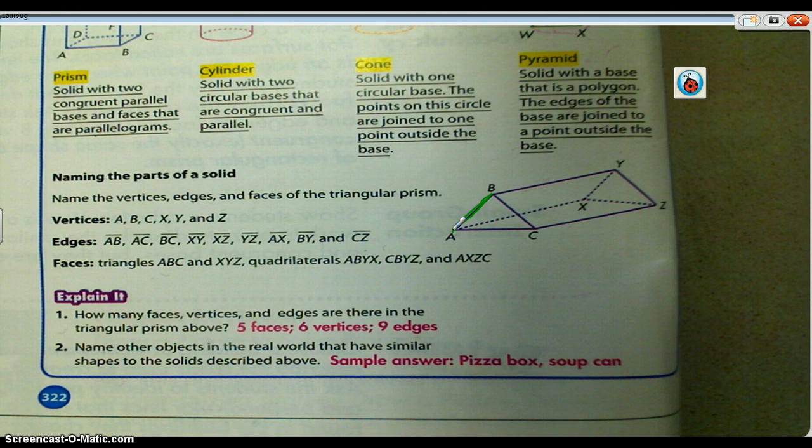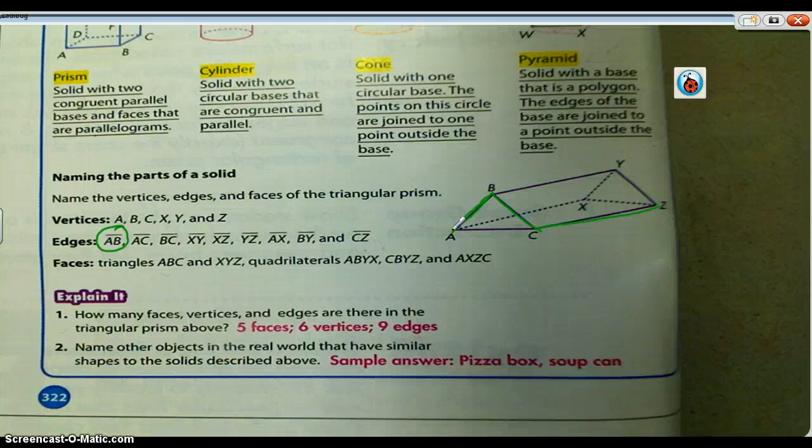There would be edge AB. BC is an edge. CZ is an edge. So you see how they're labeling it with two letters, the two letters at the ends of each of those line segments. You have to make sure that you have this symbol above your line segment letters. So if you're telling me line segment YX, you have to use the line segment symbol above it.